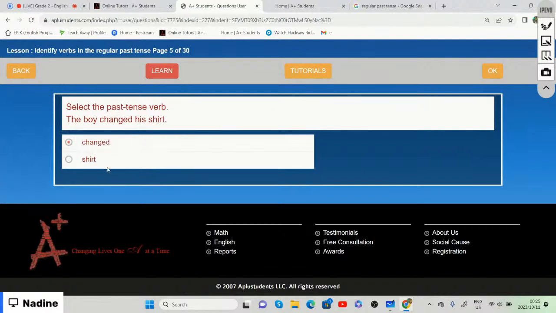So changed is our past tense verb within that sentence. So we will select changed. And changed is correct.